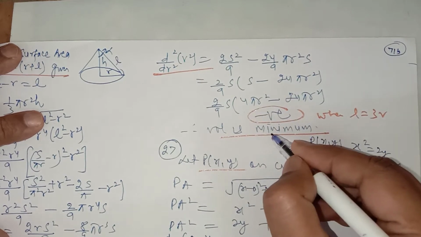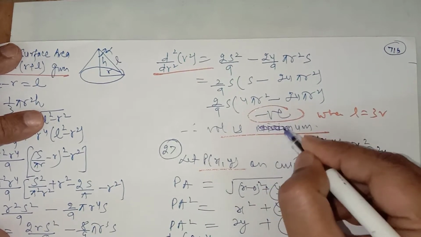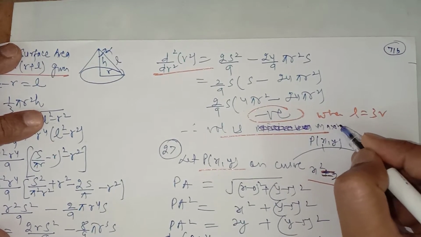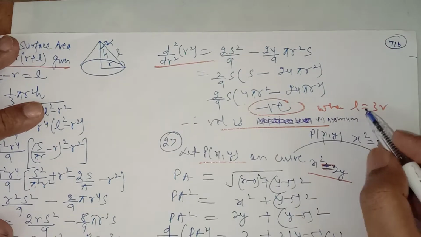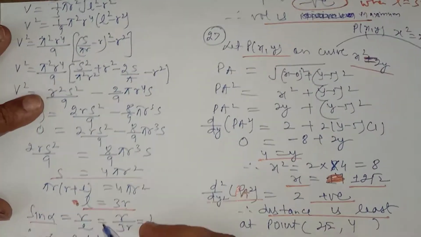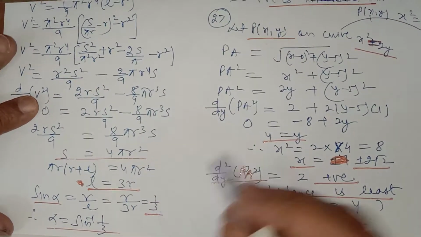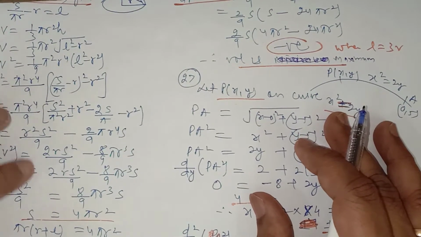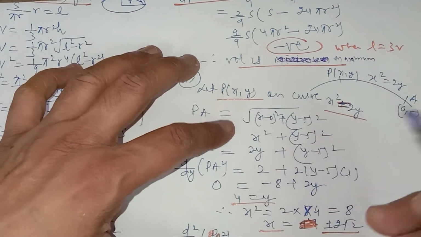It means the volume will be maximum when the semi-vertical angle is sine inverse 1 upon 3. The second derivative is coming out to be negative, so it means volume is maximum.